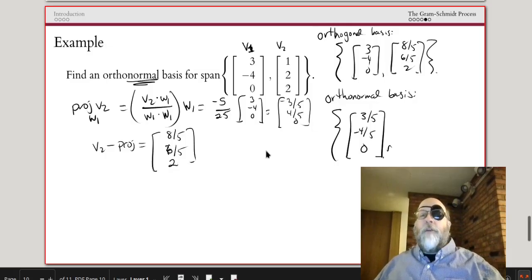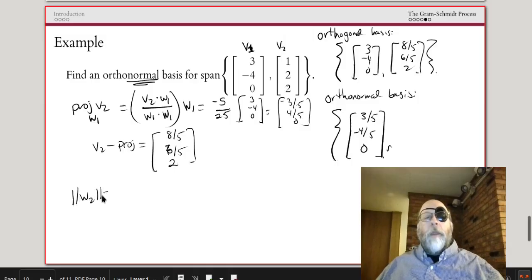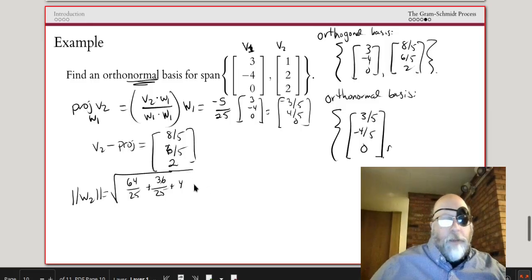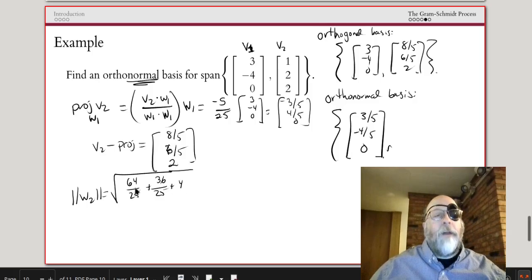The magnitude of this vector is the square root of 8/5 squared, which is 64 over 25, 6/5 squared, which is 36 over 25, and 2 squared, which is just 4. And it turns out that works out kind of nice.